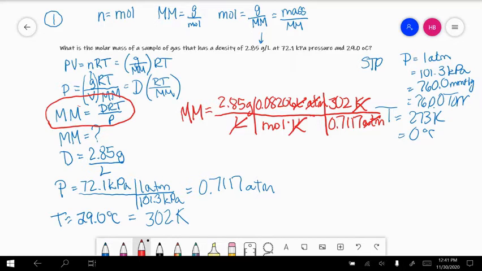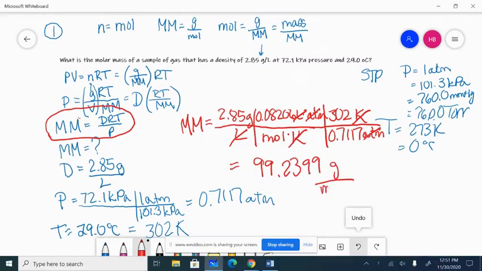So I multiply across the top 2.85 times 0.08206 times 302, and then I divide it by the bottom, which is 0.7117, and I get an answer of 99.2399 grams. That's grams per mole.